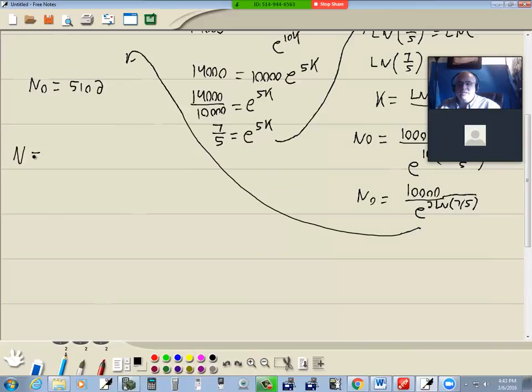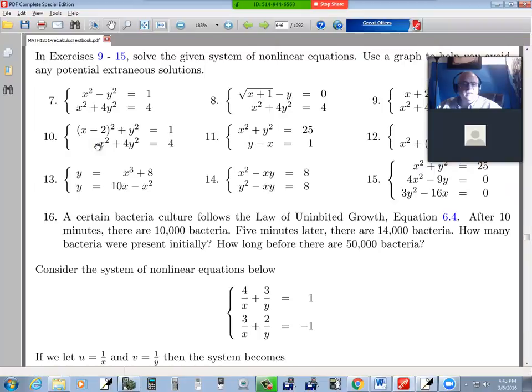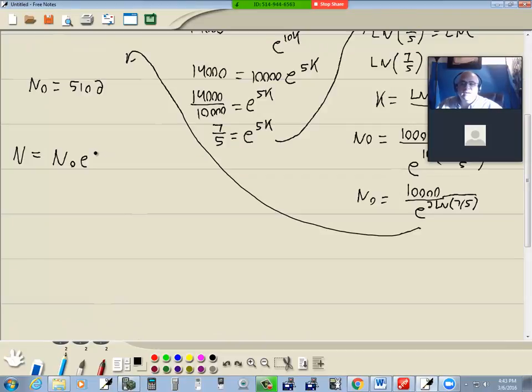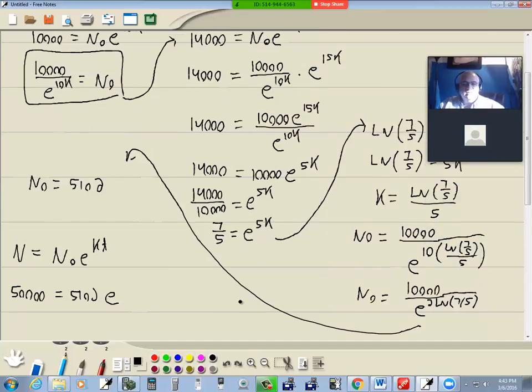Okay. The last part just asks you when is it going to equal something, 50,000. So they're wanting to know when this is 50,000. N naught was 5102. E to the k, where k is ln of 7/5 over 5, times t.